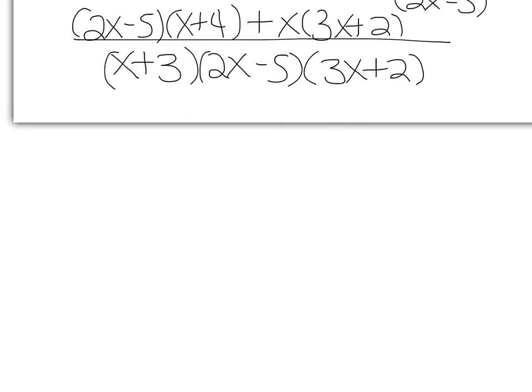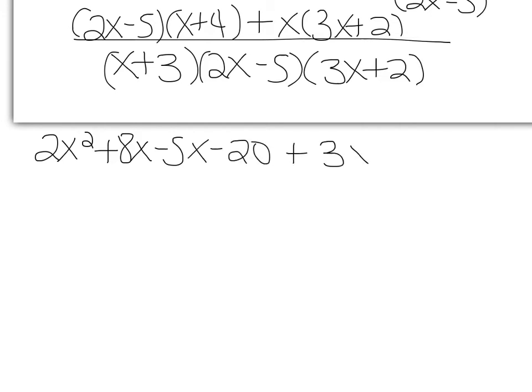Okay. So now we're going to go ahead and multiply these two together and distribute the x to here. So that gives me 2x squared plus 8x minus 5x minus 20 plus 3x squared plus 2x.